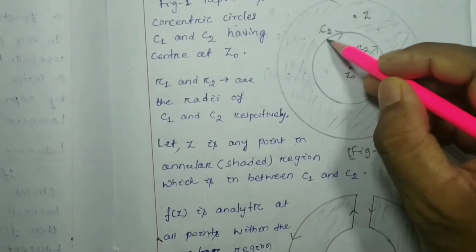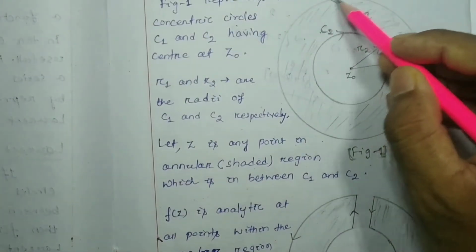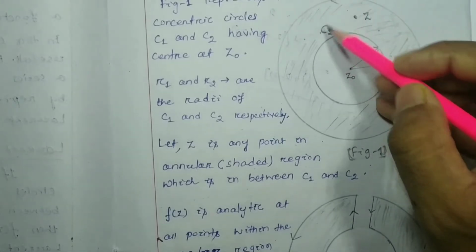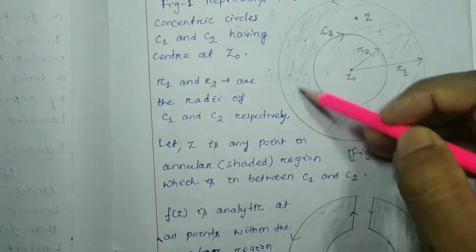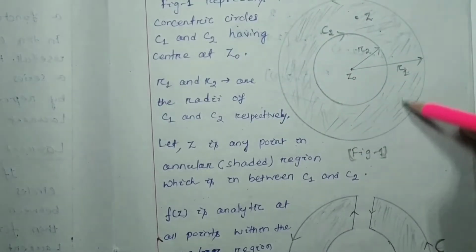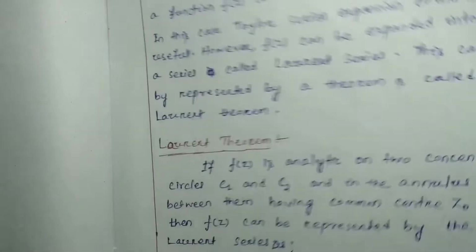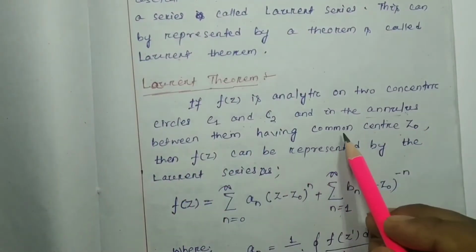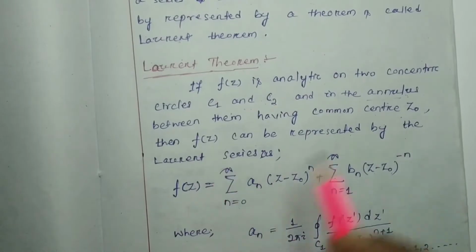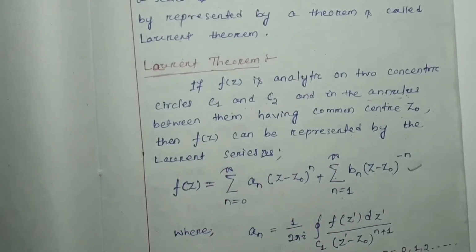So this is circle 2, this is circle 1. In between these two circles, the enclosed area is called the annulus. Having common center z0, then f(z) can be represented by this series, which we have to prove.